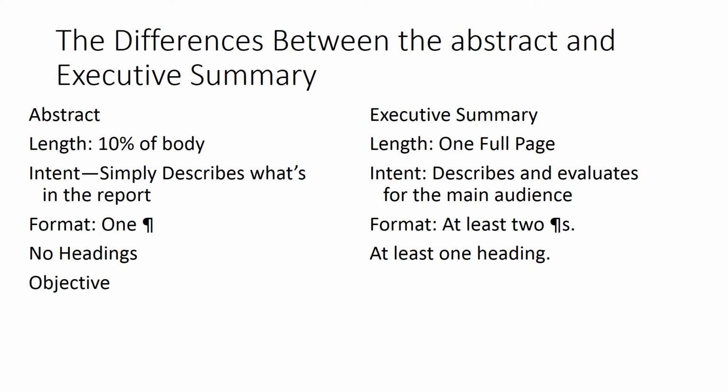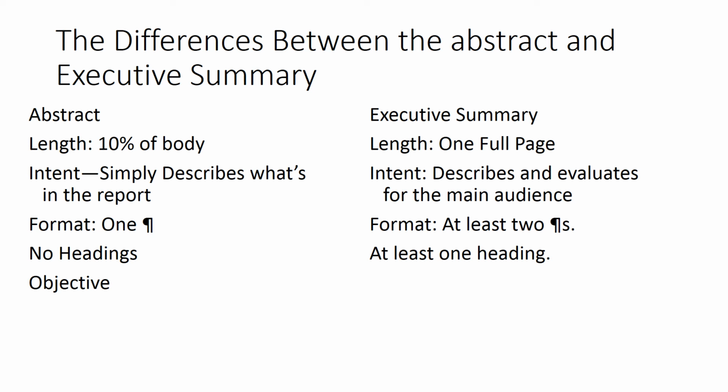The abstract is objective in the sense that it simply describes what is in the document. Now, we know and recognize in technical communication theory that whenever a human being sits down to write something, they're going to put more emphasis on one aspect than another. You're going to get a particular perspective when you read what someone else has written.